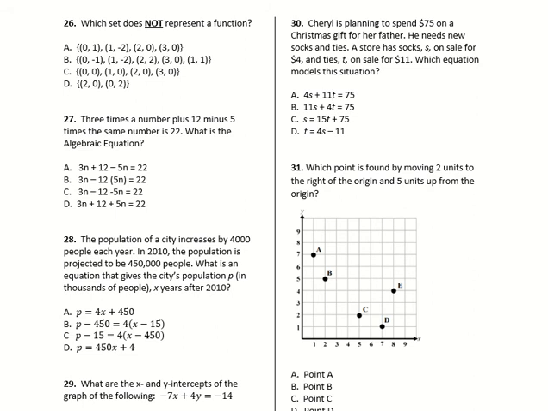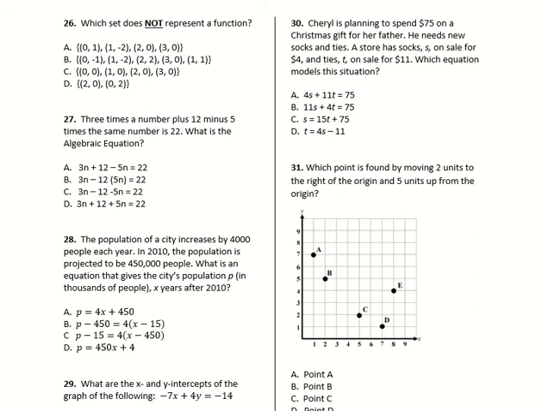B, 3n minus 12 times 5n equals 22. C, 3n minus 12 minus 5n equals 22. D, 3n plus 12 plus 5n equals 22.